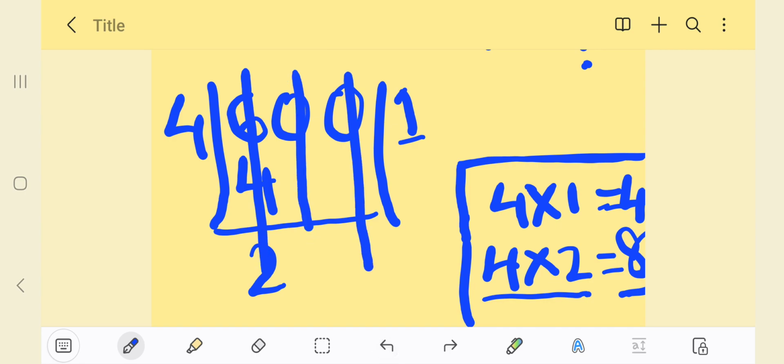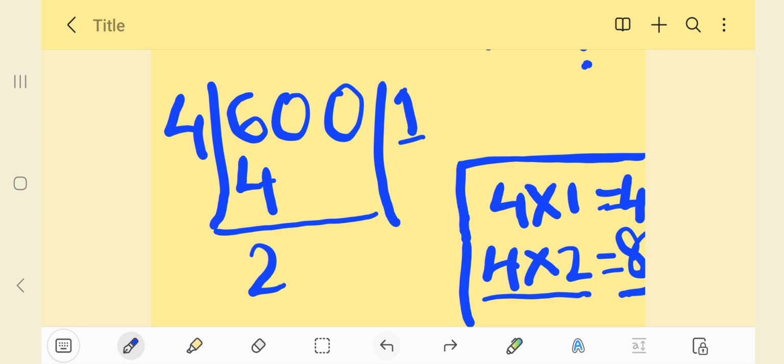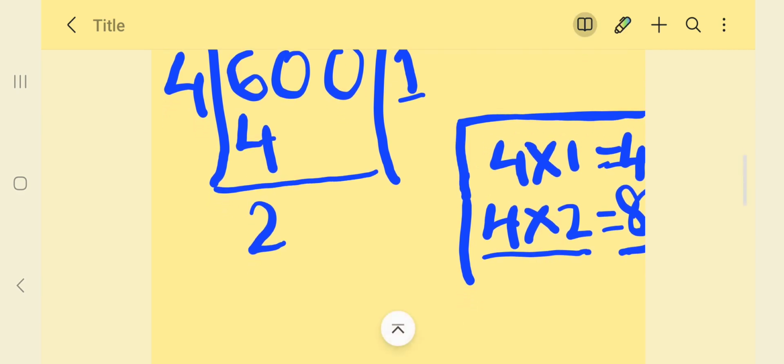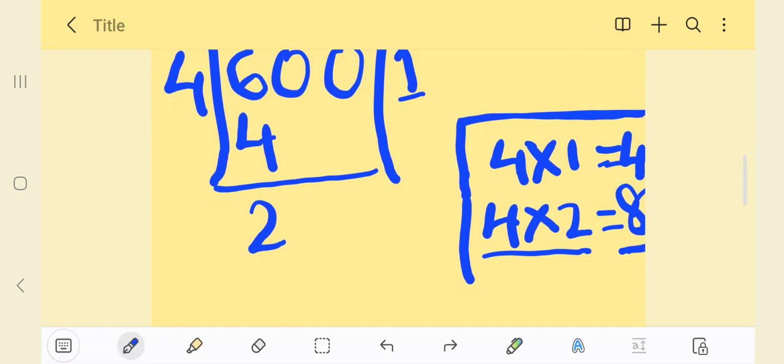Always we need to follow this guideline to get the result right. So we have the balance of 2 here when we subtract 4 from number 6, and we cannot subtract this 2 by this 4 because 2 is smaller than this divider 4.